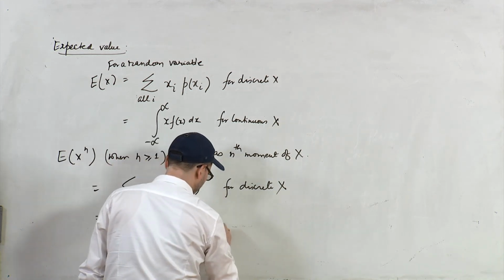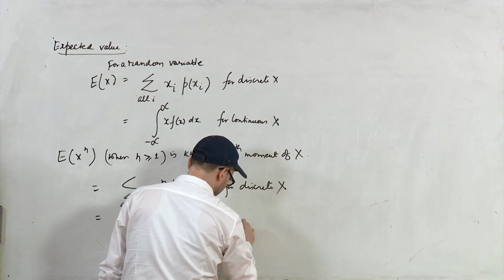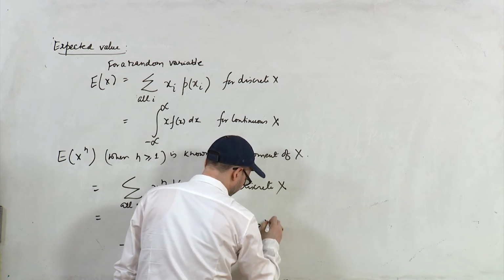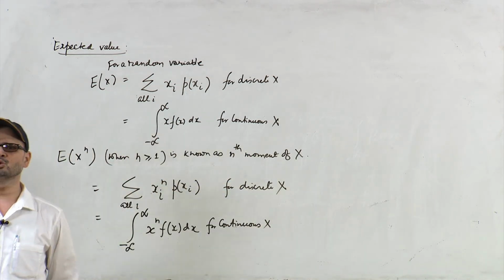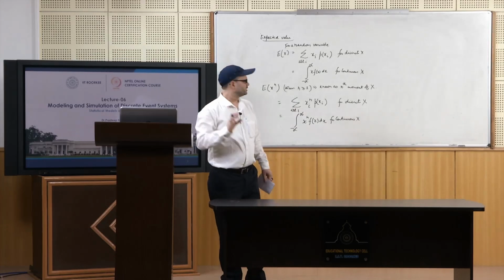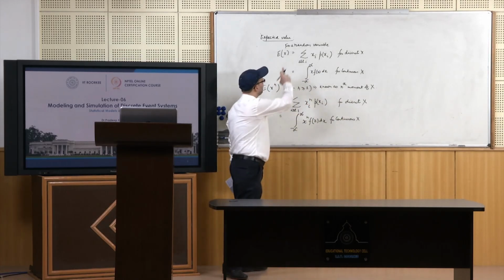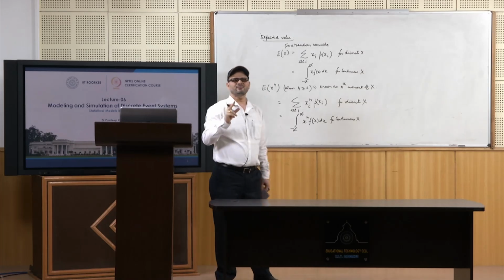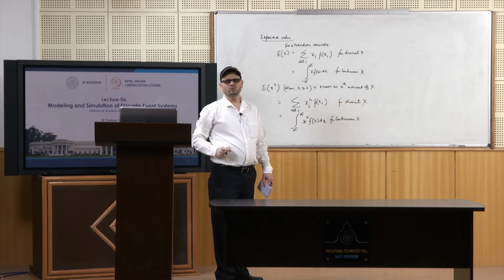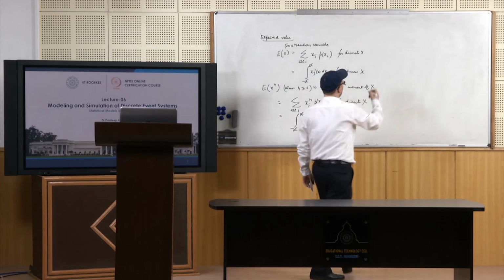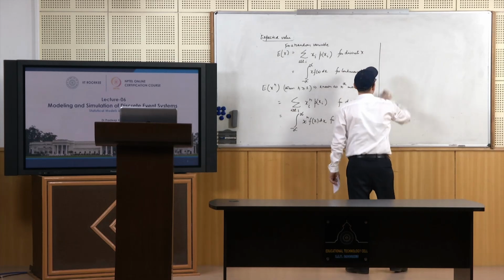So, this is for continuous x. These two, discrete and continuous x, you define this mean or expected value from these formulas. From here you calculate the variance.